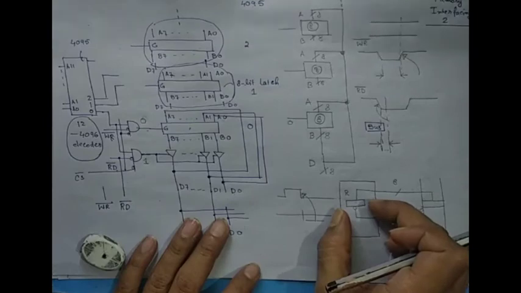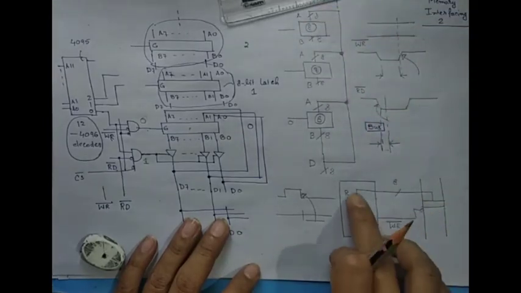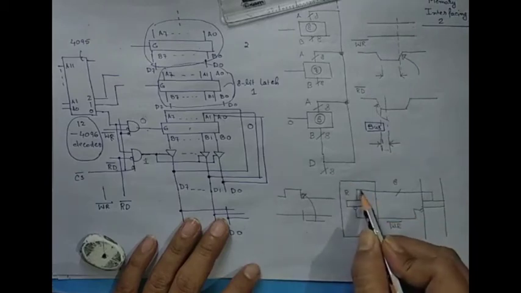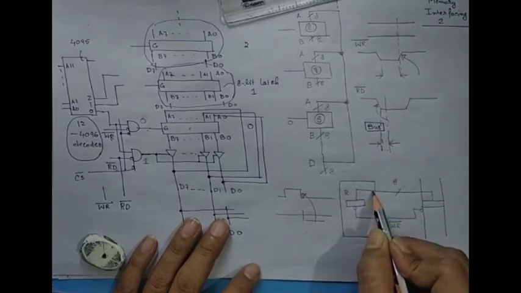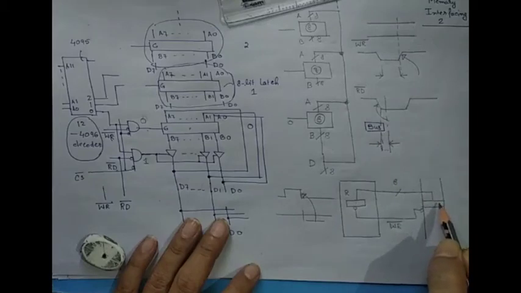Output lines of the register which is present inside the processor will be connected on the internal data lines, and internal data lines are connected with external data lines, and the other end of the external data lines always remains connected with the input lines of the memory location or of the latch.